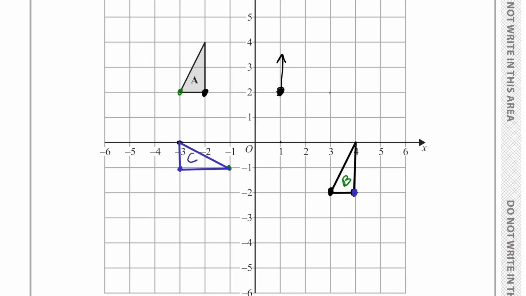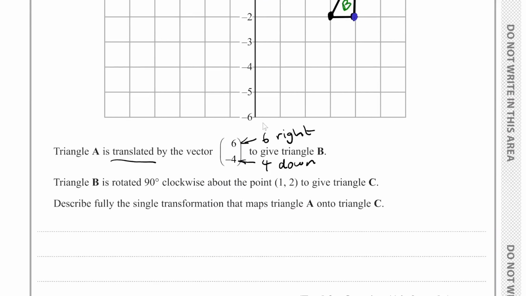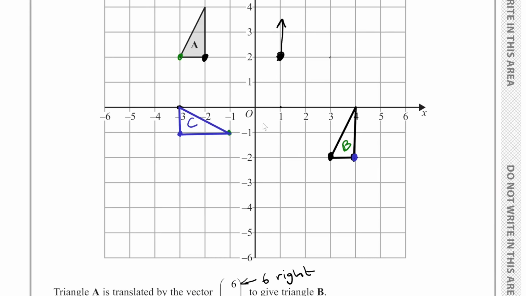There is C. And describe fully the single transformation that could take A onto C. So how do we get from A to C in one transformation? It is going to be a rotation, and we just need to figure out where the center of the rotation is.